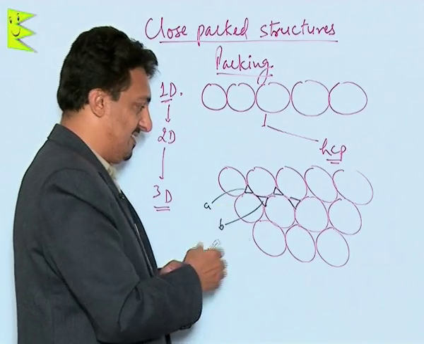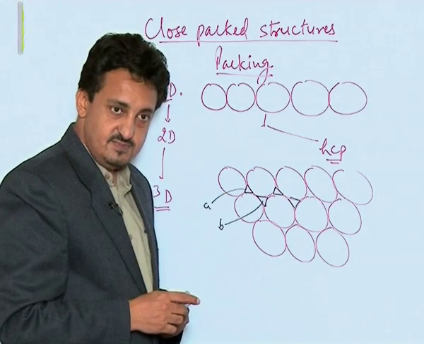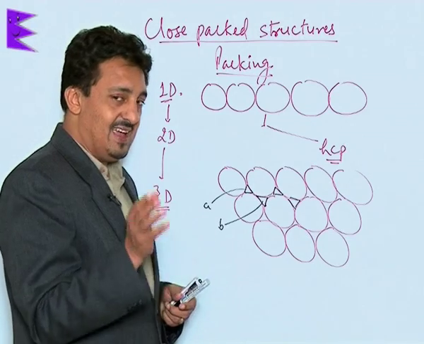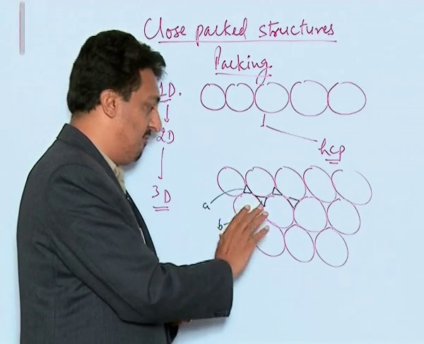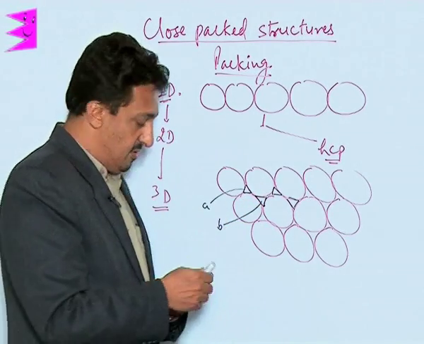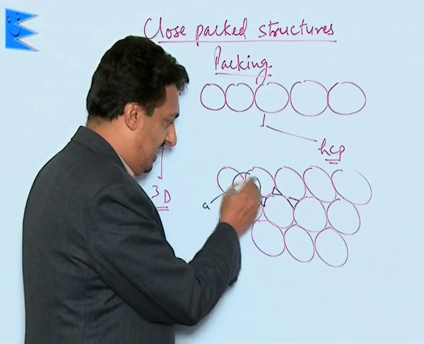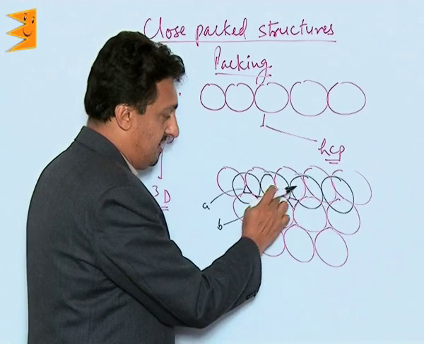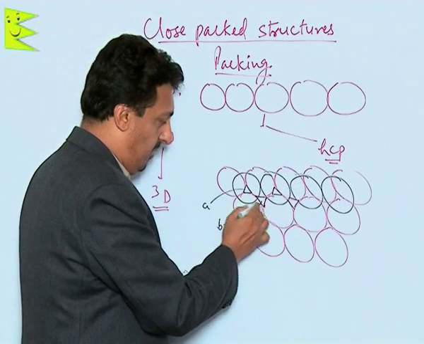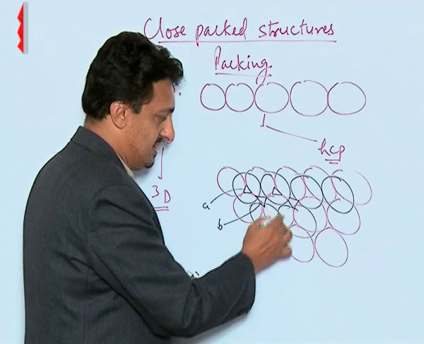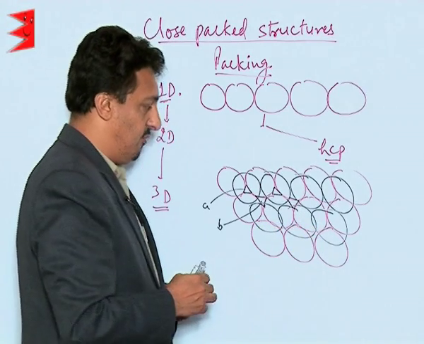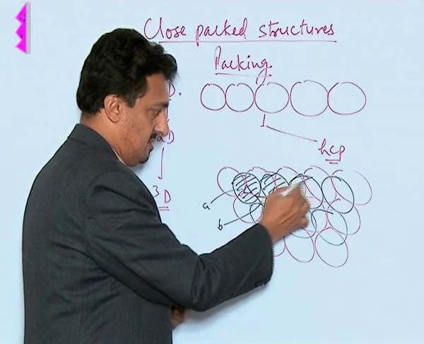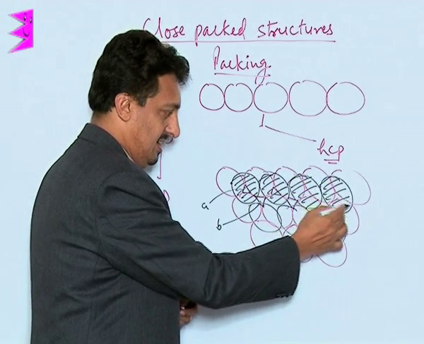Now, this is the first layer you have, which is drawn with the red pen. Let us see how we put the second layer. Let's take the second layer of particles as placed above the void A. So when we are placing the particles of the second layer, which are drawn with the black colored marker, above these voids A, which are pointing upward like this, what we find is, let me cover them so that this becomes very clear.